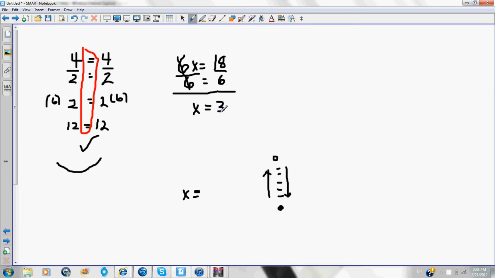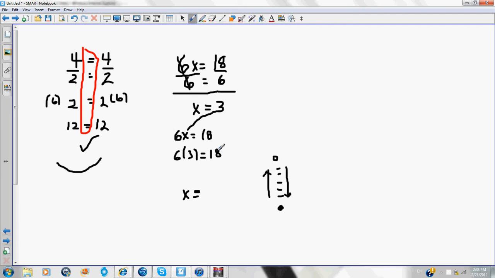Very important, if you want to make sure that you've got the correct answer, you go back to the original equation, 6x equals 18. Because we've worked this out and we say that x equals 3, we're going to take what we say x is and put it here where it says 6 times x. We're going to put 6 times 3 equals 18.